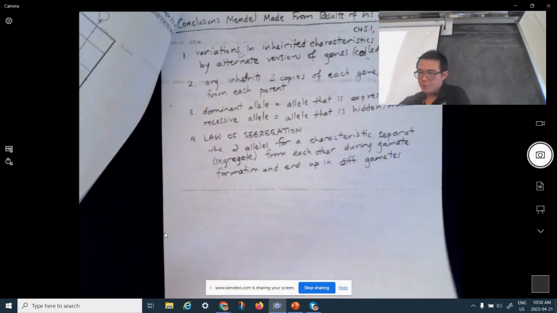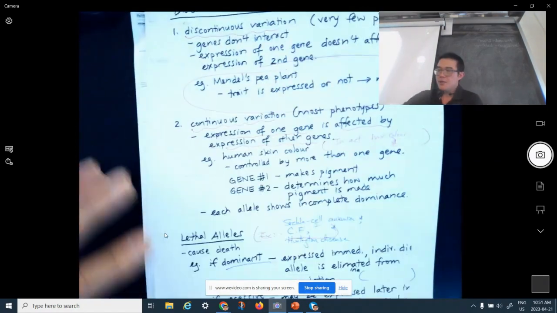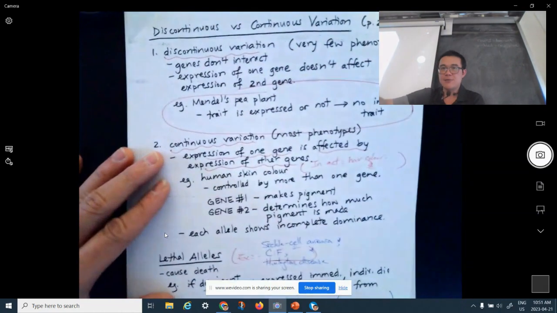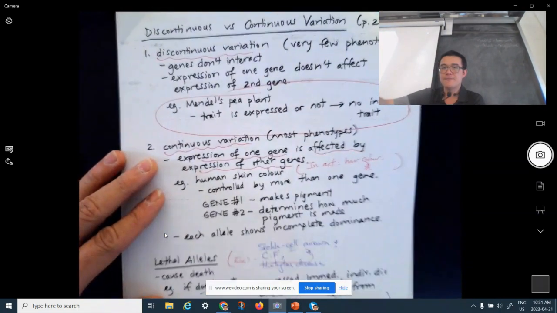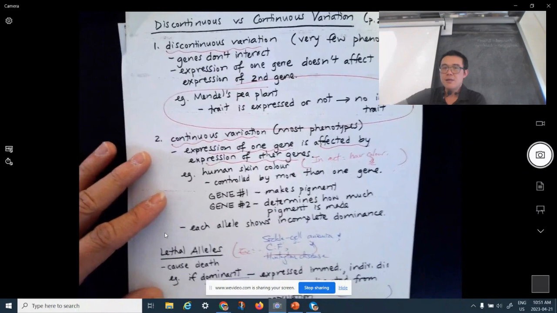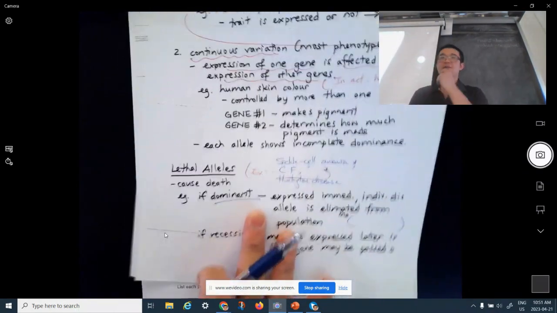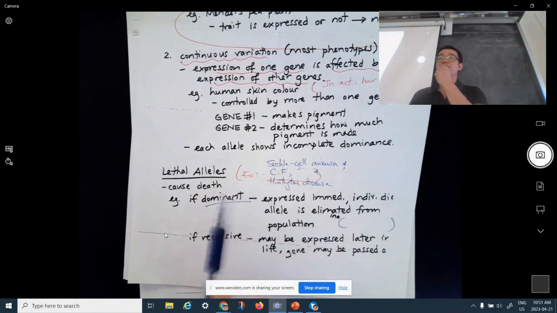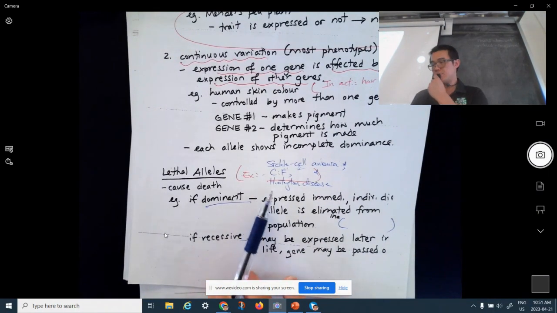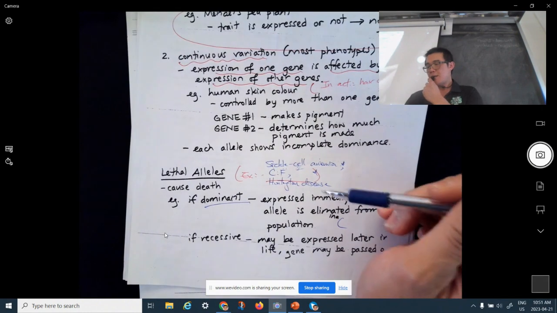So make sure, again, do some practice questions. This one here, the discontinuous and continuous variation. Now, during lesson, I was like, lethal alleles, I'm going to get back to you in terms of examples, okay, in terms of examples.